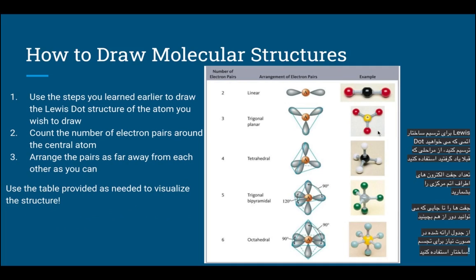So they can be linear, with just one pair on either side as far away from each other. There's trigonal planar, excuse my pronunciation, tetrahedral. Again, you can see the four parts far away from each other. And then there's other structures for 5 electron pairs and 6 electron pairs.